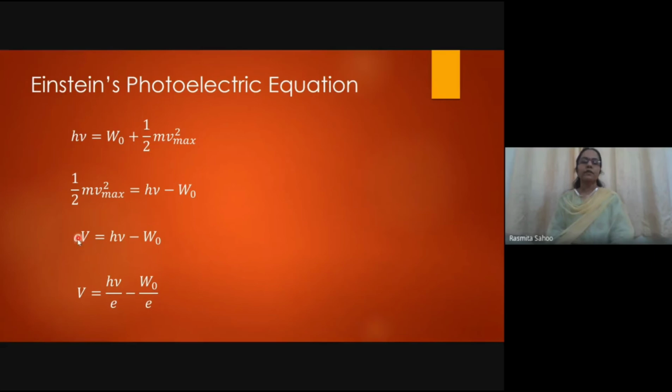So V equals, taking e to the right hand side, h nu by e minus W0 by e. Here h is Planck's constant and e is the charge of the electron.